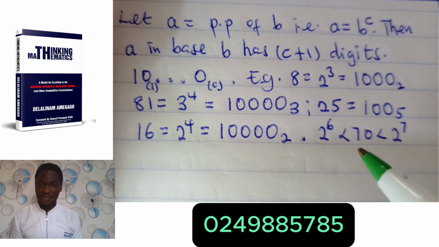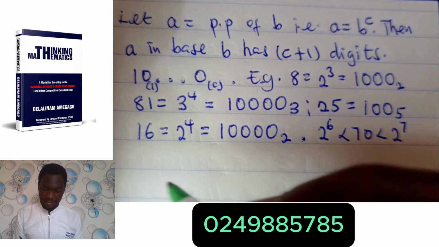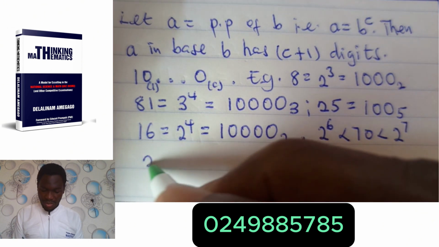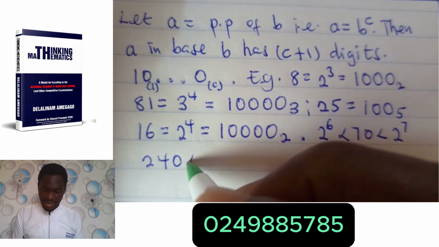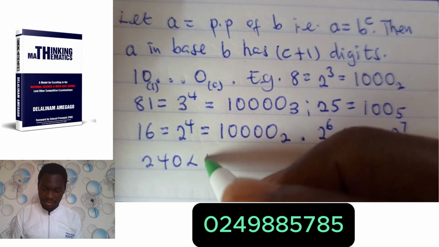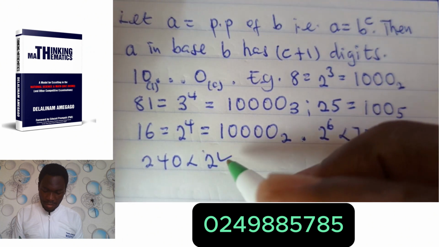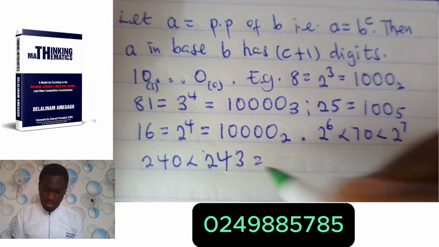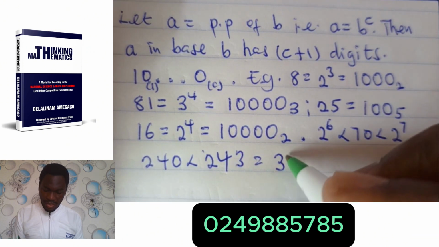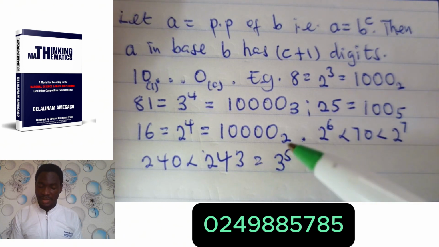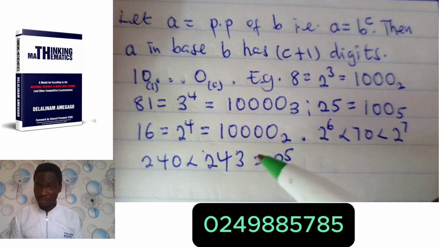What if we are asked to find the number of digits if 240 is expressed in base 3? Here we know that 240 is less than 243, and 243 is equal to 3 exponent 5. And 240 is also greater than 3 exponent 4.